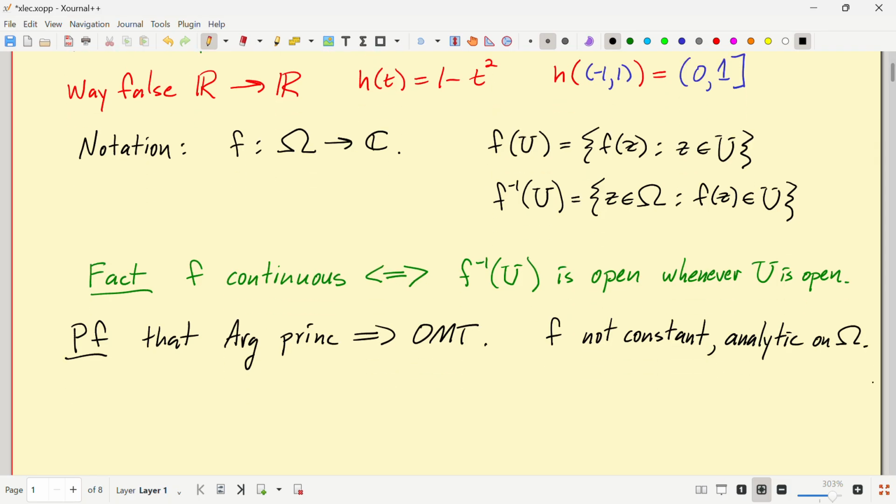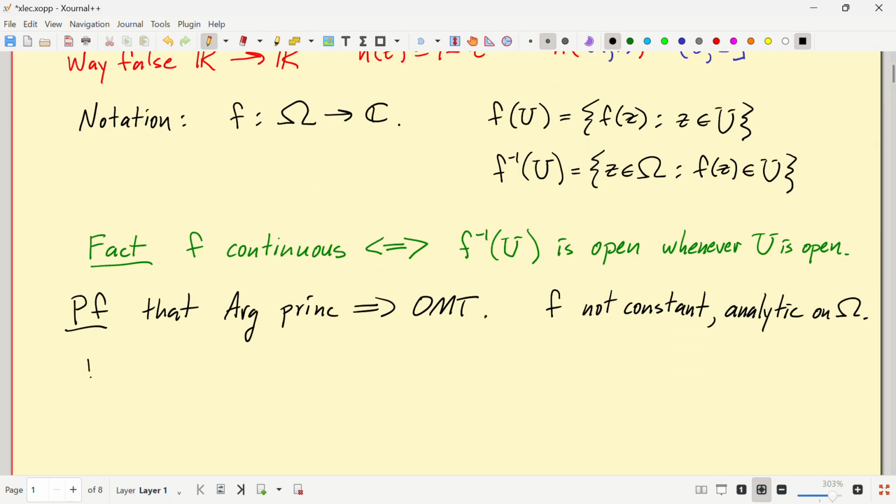Actually, I just want to show that f of omega is open. We want to see f of omega is open. Because then I could always take disks. I could take my omega to be a disk. And if I can show that the image of a disk is open, then of course that'll give me that it takes open sets to open sets. So if I understand this just for this case, I'll be done. Because then I'll have it for disks.